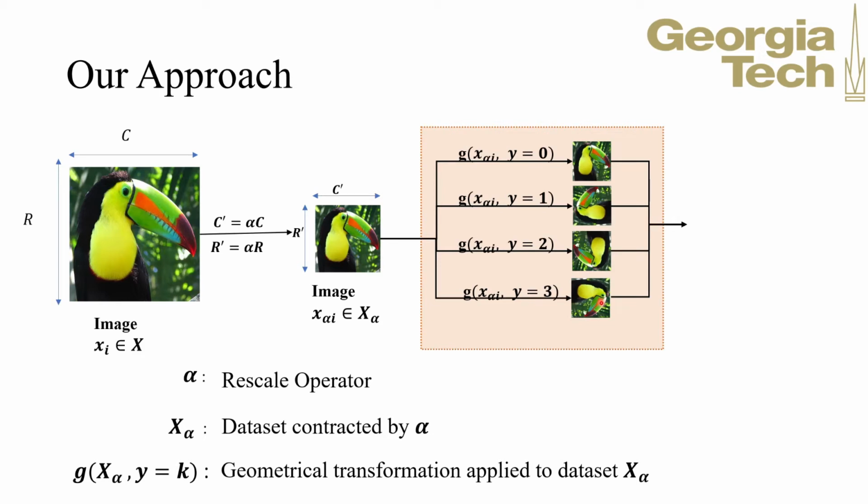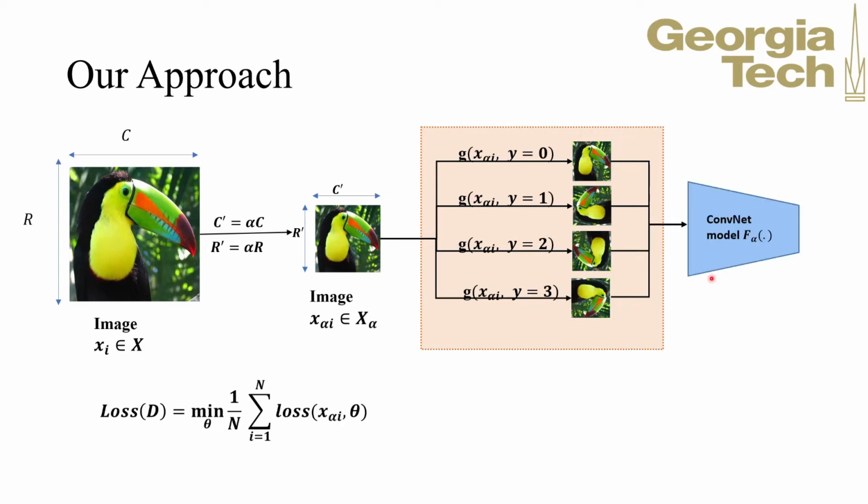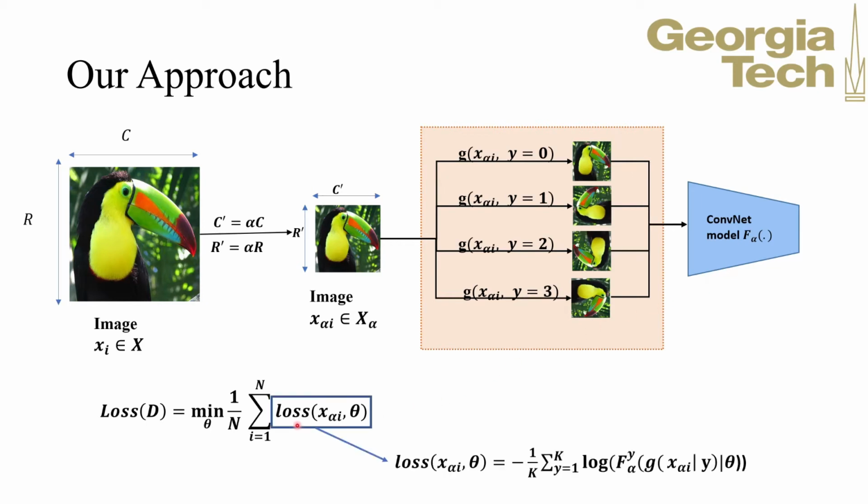The lowercase g is the geometric transformation that applies to the dataset X alpha. The contracted images are then fed to the ConvNet model F alpha for the rotation prediction task. A cross entropy loss is implemented in this study, between the predicted probability distribution over k and the rotation y. F alpha is the probability distribution over rotation y.